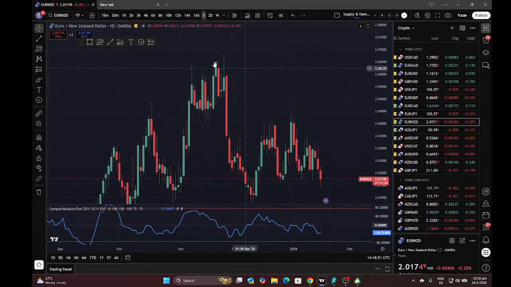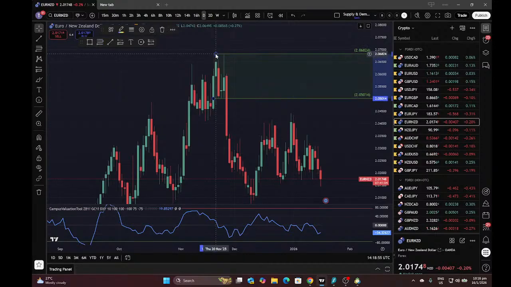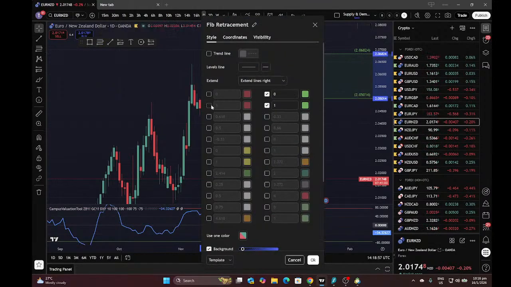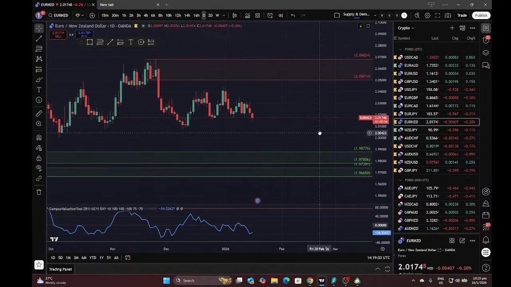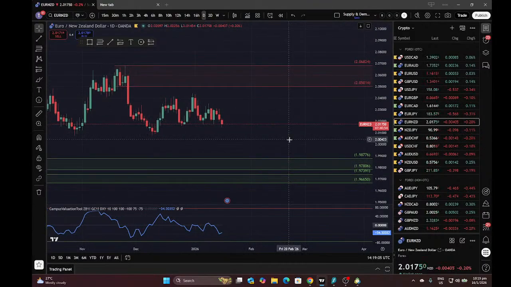It's pretty obvious. This is the supply zone that I'm seeing. Okay. All right, so this is a no action currency pair. We're not gonna be doing anything.